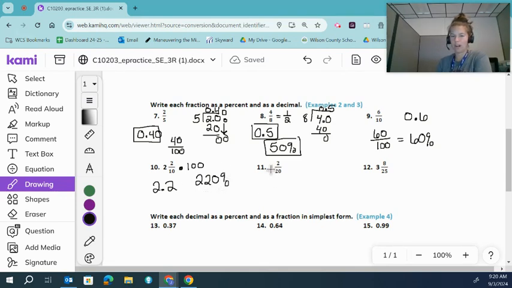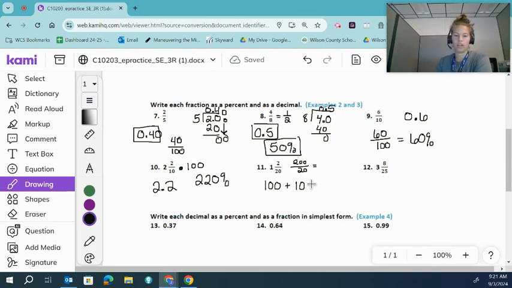So you would have 1, which would be 100, plus 2 out of 20, which is 10. So if I multiply 1 by 100, I get 100, and then I would multiply by 100 here. So I would get 200 over 20, which reduces to 10.